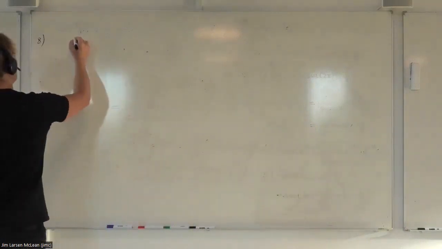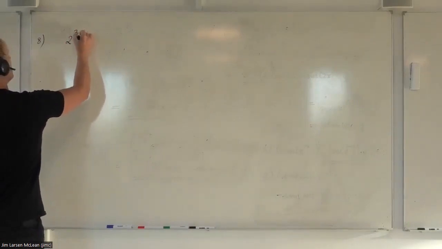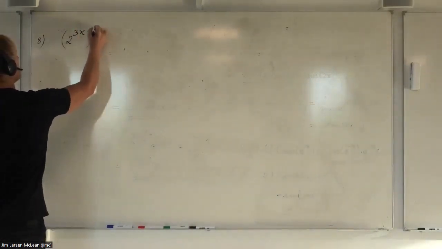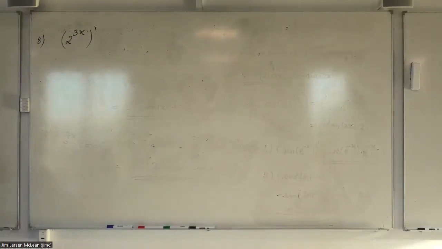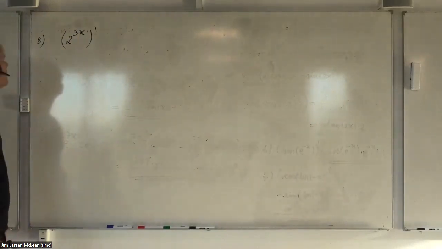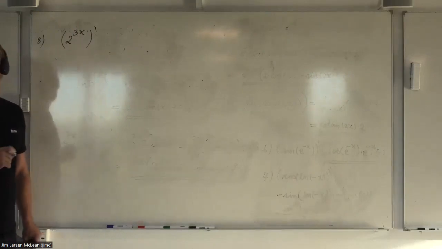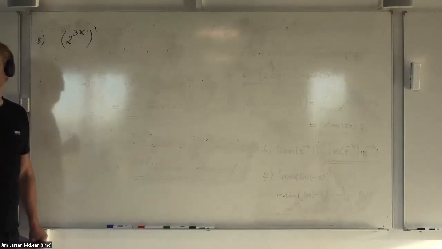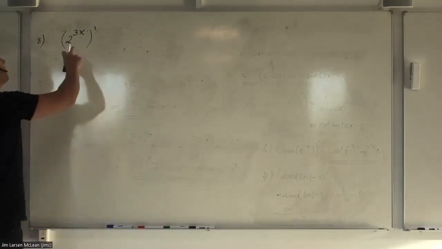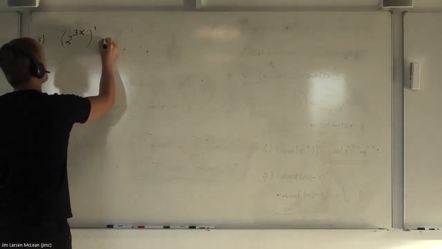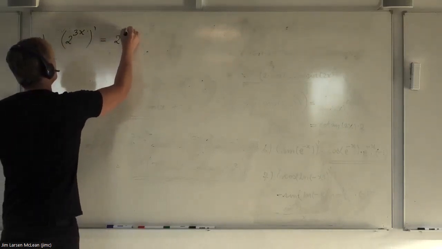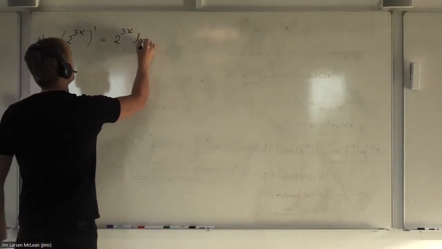Task 8: 2 to the power of 3x, and I'd like to differentiate that. 2 to the x differentiated is almost itself. It gives 2 to the x times ln of 2. So 2 to the power of 3x differentiated should also be itself, if I just remember to multiply by ln of 2.